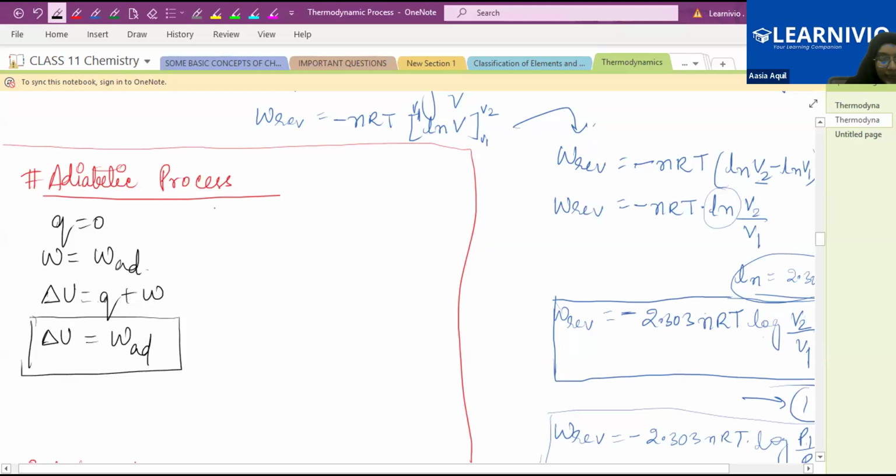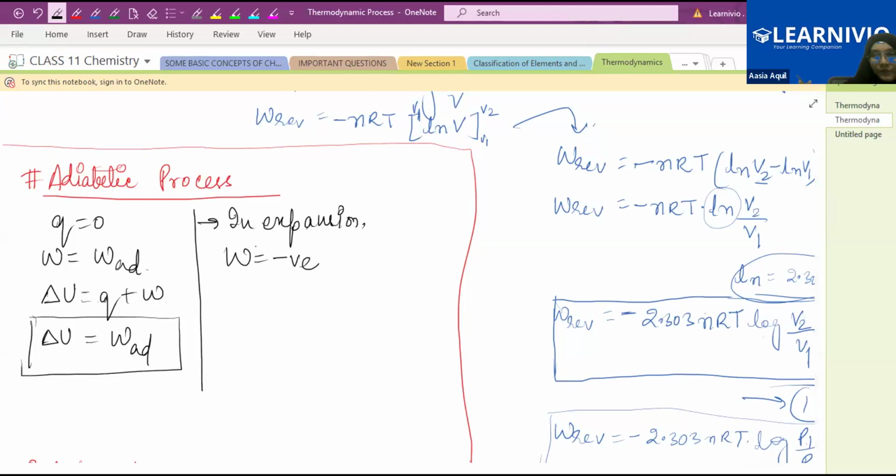Now, in expansion of gases, what happens? W will become negative. Why is work done negative? Because the work done is by the system.